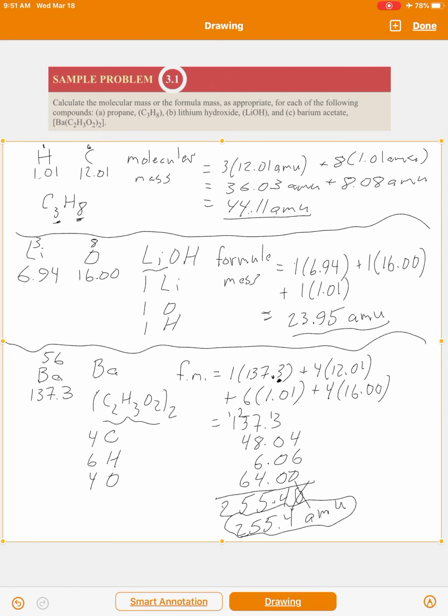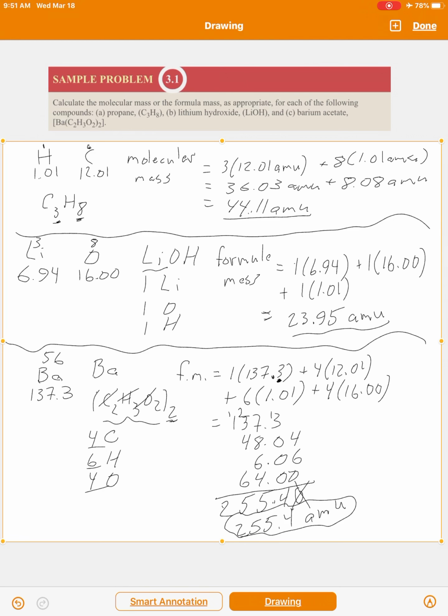Okay? So for that third one, which is the most challenging of the 3, look where those parentheses are. Anything inside the parentheses, the C, the H, the O, all of those get multiplied by the number after the parentheses. So 2 times 2 is 4, 3 times 2 is 6, 2 times 2 is 4. 4 carbons, 6 hydrogens, 4 oxygens.